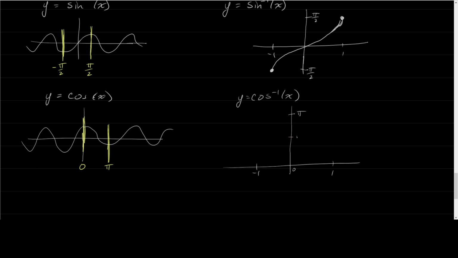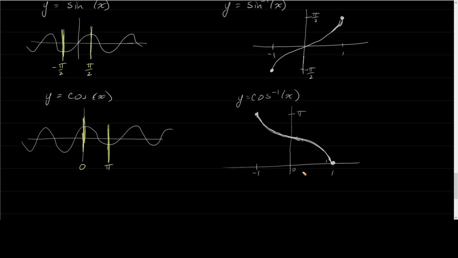It crosses at pi over 2, and it goes from here to up here, like so. There we go. So I'll leave it at that. All right, so that would be the graph of cosine inverse.